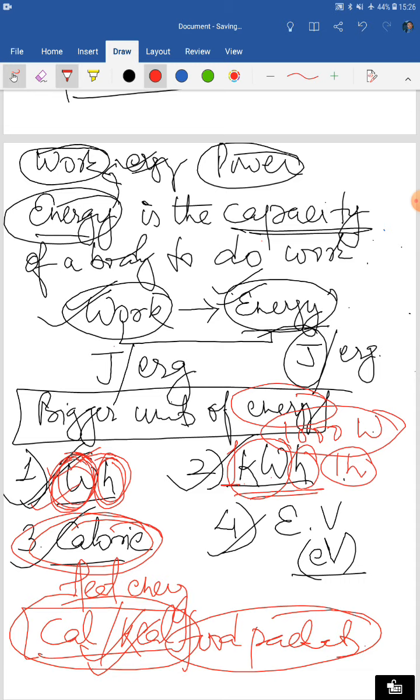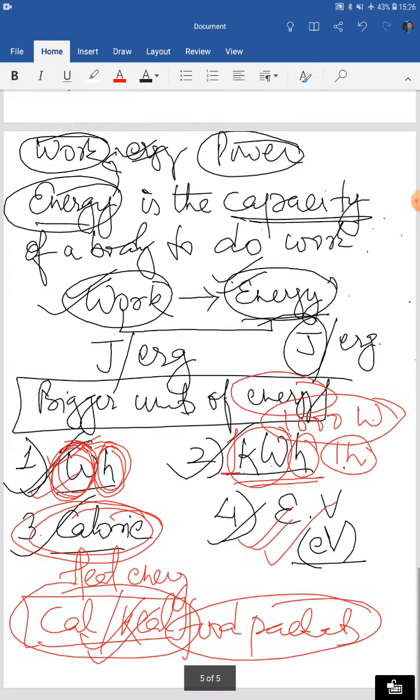Understand? Then the other one is electron volt. What is electron volt? Electron volt is the energy possessed by tiny particles like electrons, protons and neutrons. Basically, the energy carried by charged particles is measured in electron volts. Okay, clear?